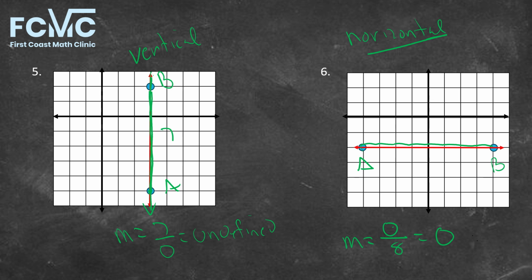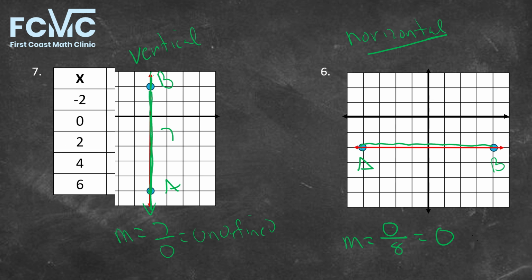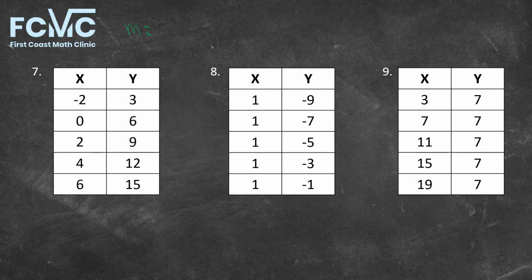All right, let's find slope from a table of values. So just as a reminder, remember our slope is change in y over change in x. So let's find our change in values from this table. All right, so for number 7, we're going 3, 6, 9, 12, 15. So what's our change here? Well, we're adding, what's the pattern?